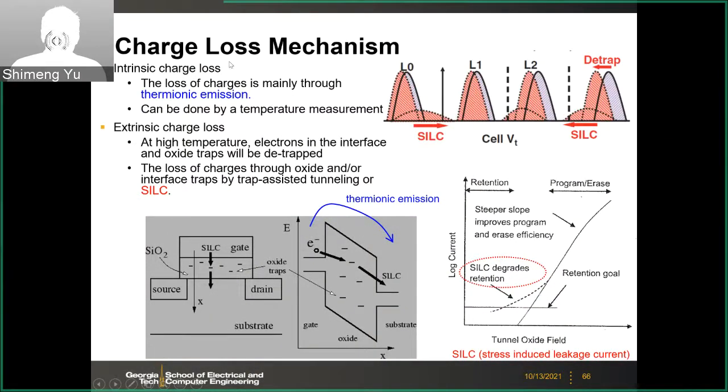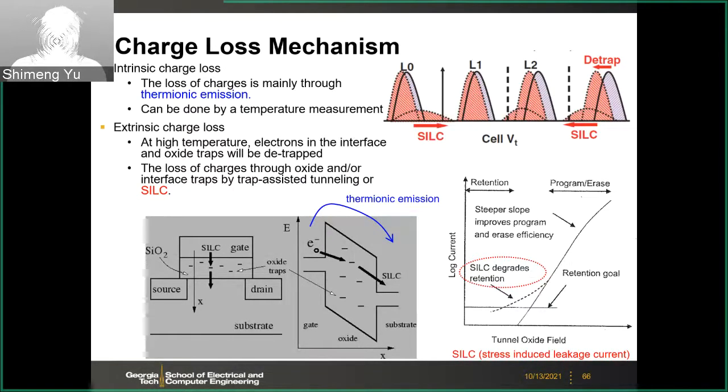And then for the retention, there are more mechanisms that cause this charge loss besides this detrapping. There will be intrinsic charge loss. This is even without the trapped electrons in the tunnel oxide.